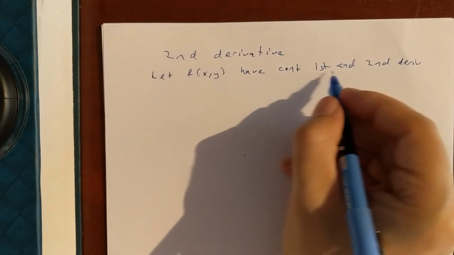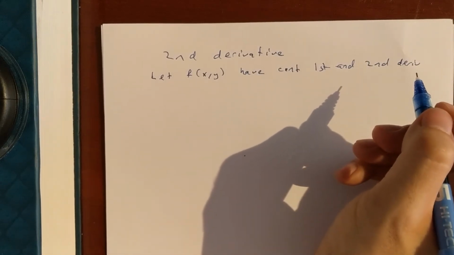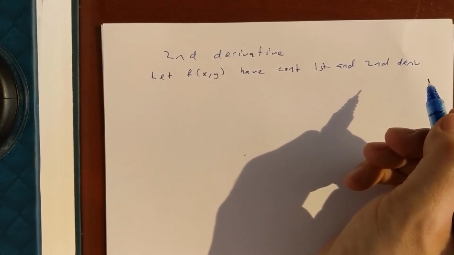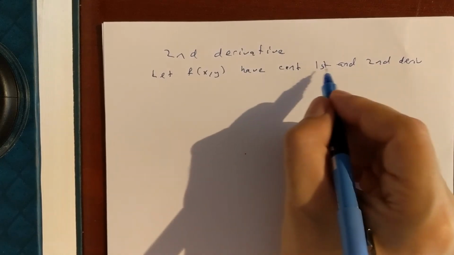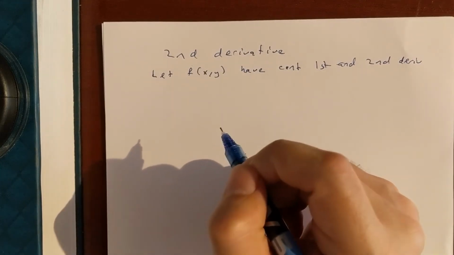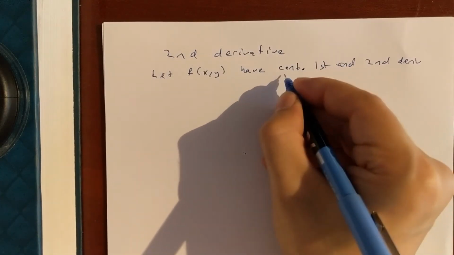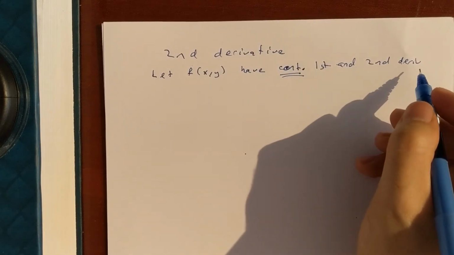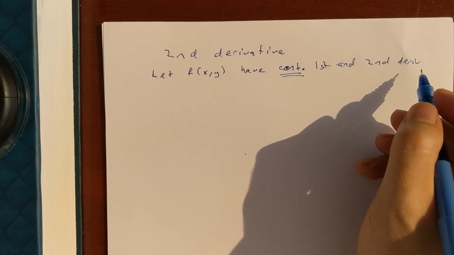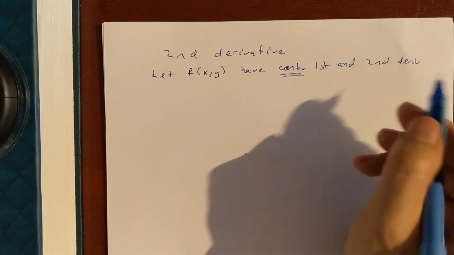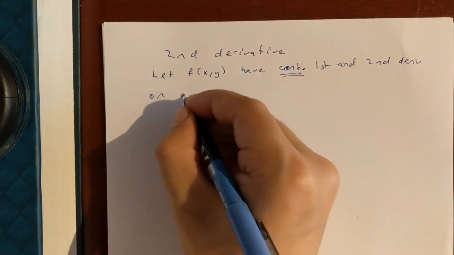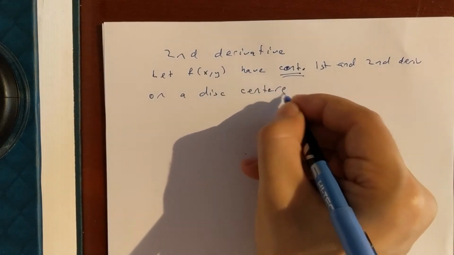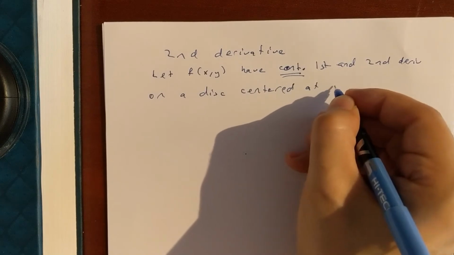Of course, this is not necessary: if the second derivative exists, the first derivative has to be continuous anyway. So you could just say it has continuous second derivatives on a disk centered at (a,b).